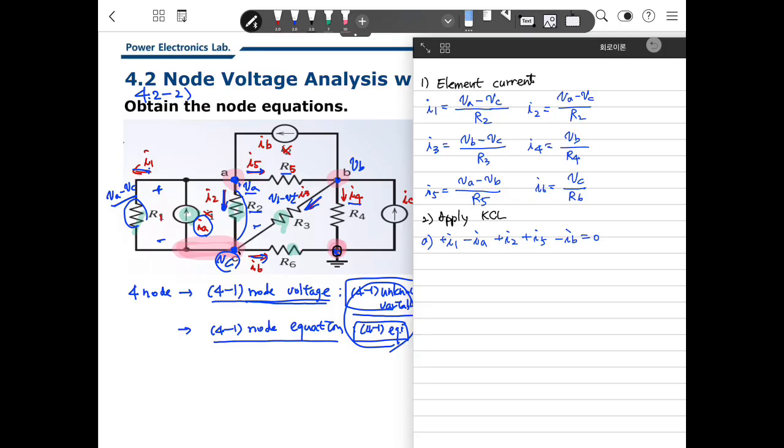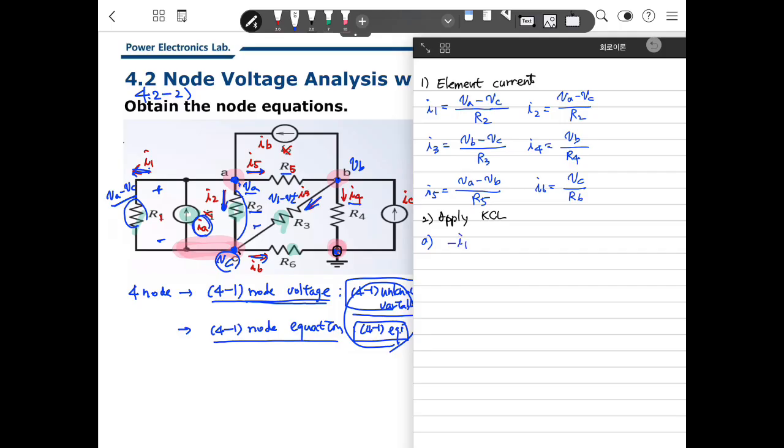Or we can choose another way, as I did before. I choose the direction going into the node as positive. Then I1 is going out from the node, so minus I1.